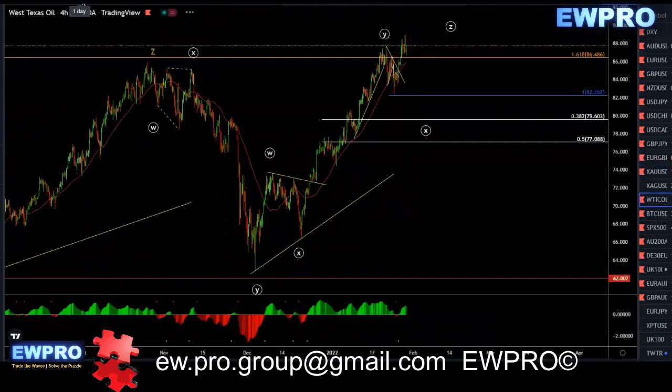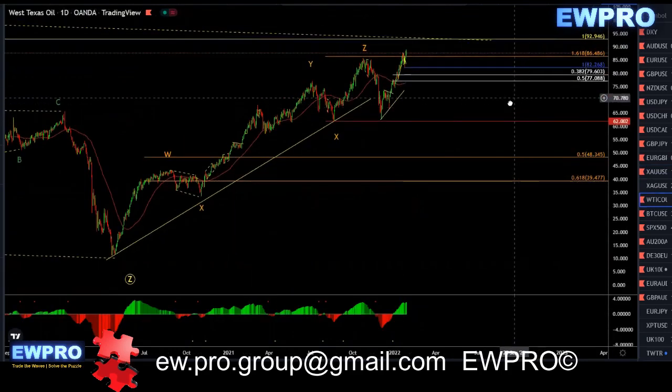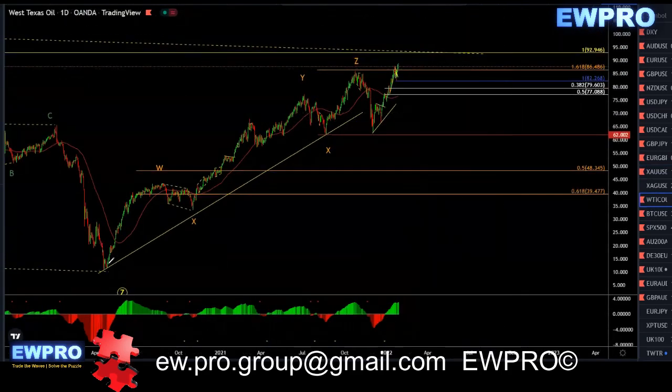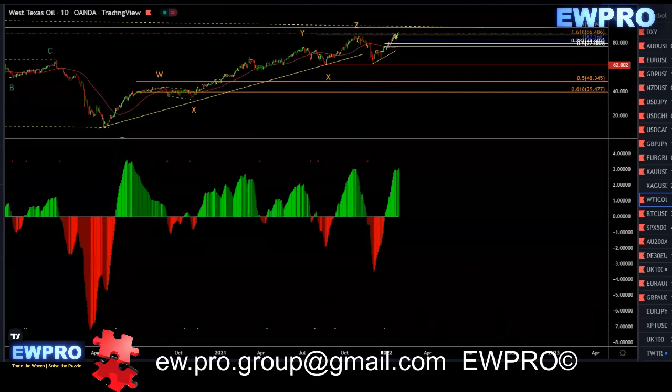WTI on the daily. So we got that WXY, X2, Z up, nearly hit that second target. We had that bull hidden like I've been mentioning, and this one did go and break the top. We did have bearish divergence last week. We'll have a look to see if that's held.